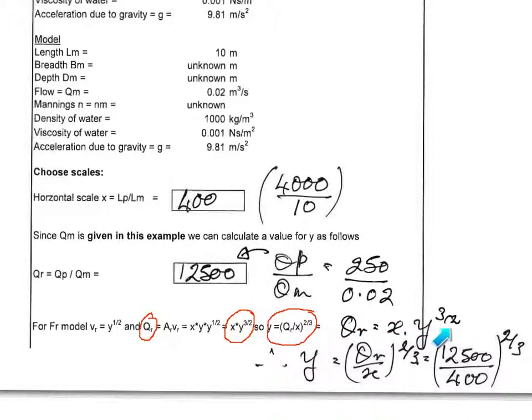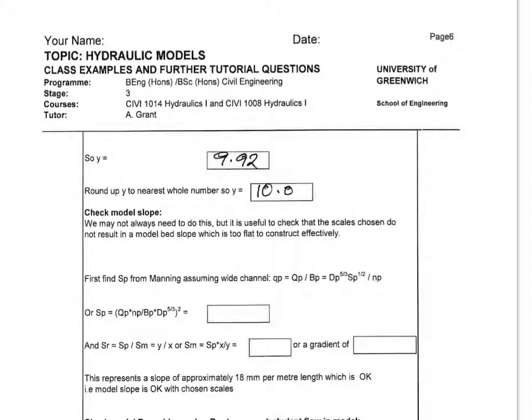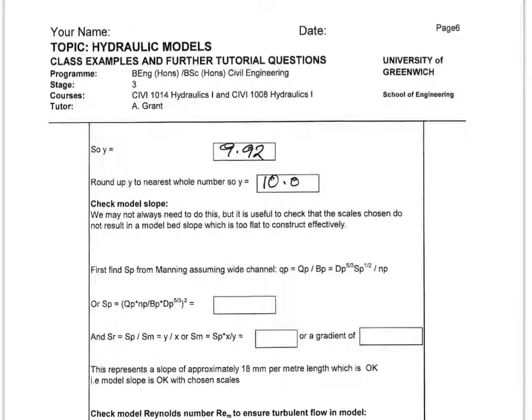So QR is xy to the 3/2, so y would be the ratio of the flows, QR, prototype to model, over the horizontal scale x, all to the 2/3. And in this problem, of course, it comes out to be just under 10, so we'll round it up to 10. Otherwise, the rest of this problem would be dealt with in the same way as the previous problem. So that concludes our brief revision of models.